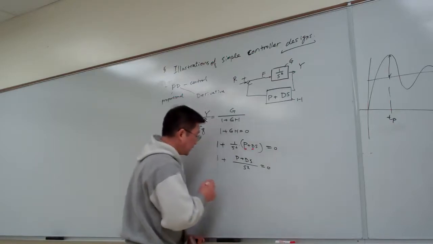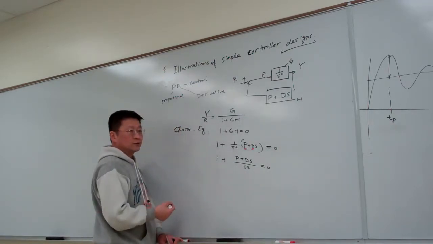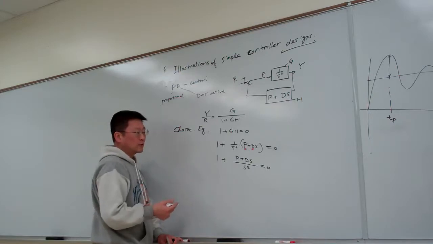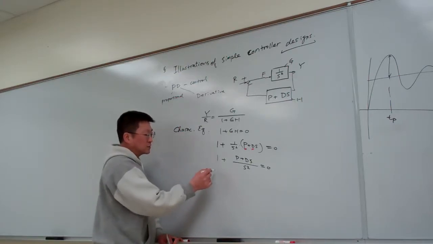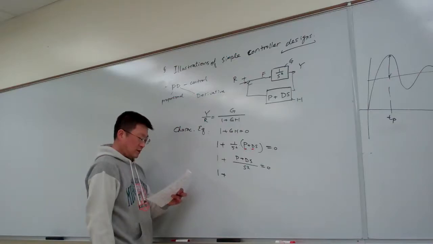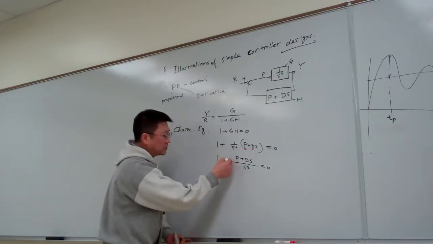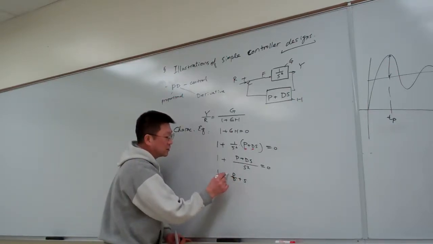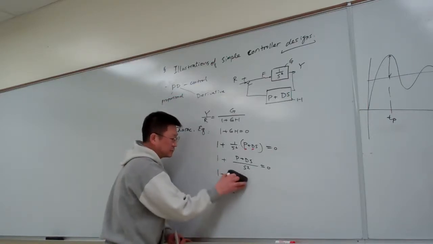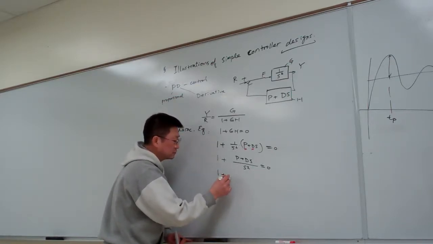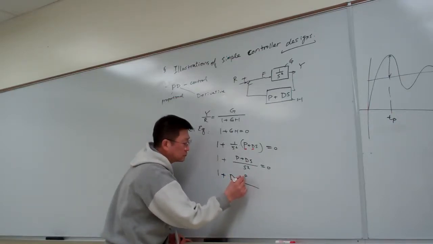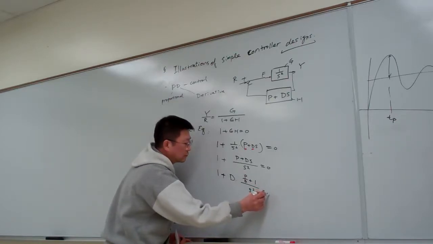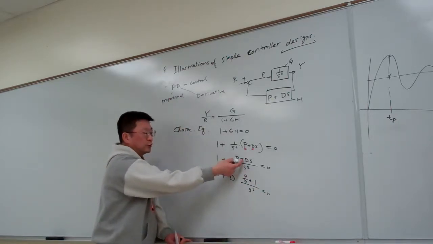The strategy is this: because we have two parameters and I want to utilize the root loci technique, I'm going to write 1 plus d times (p over d plus s) over s squared. I simply divide the whole thing by d and pull d out of the numerator.